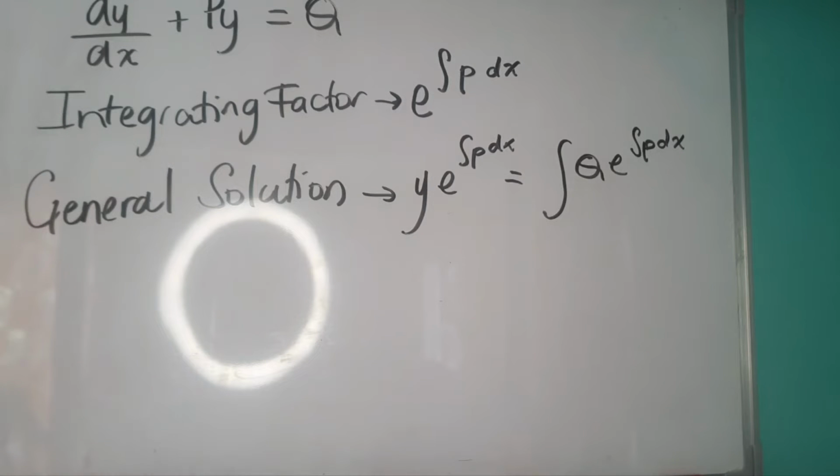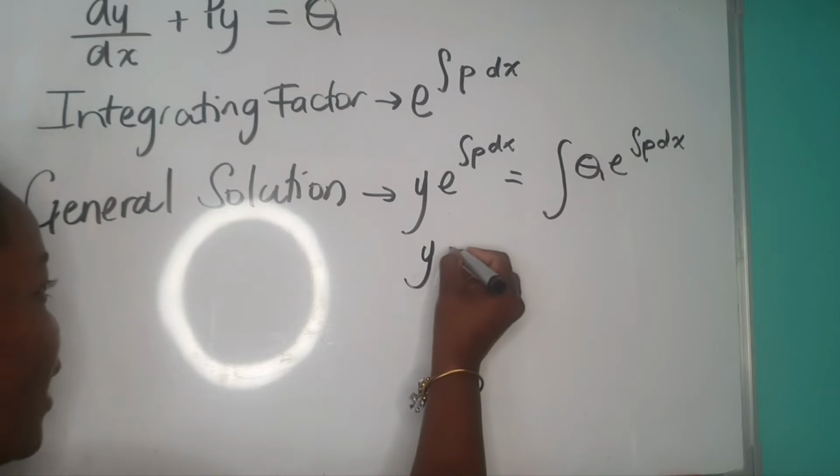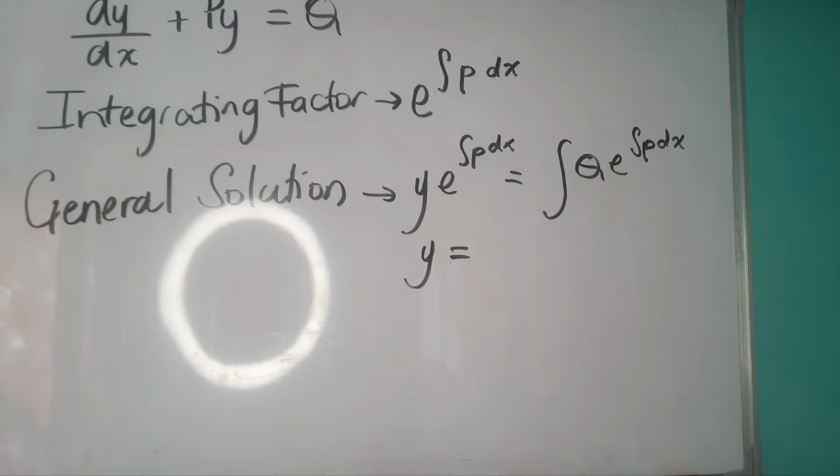When we're writing our general solution, it must be in y. So that means whatever we get, we have to ensure that y is the subject of our formula. Alright? Good job.